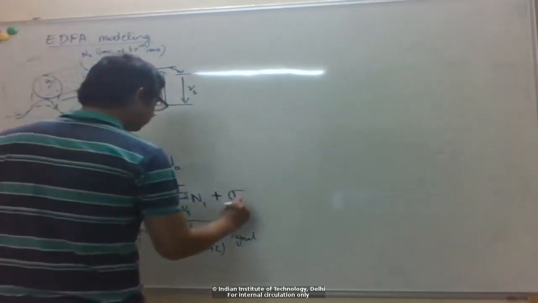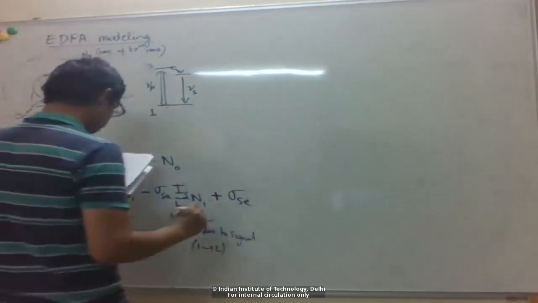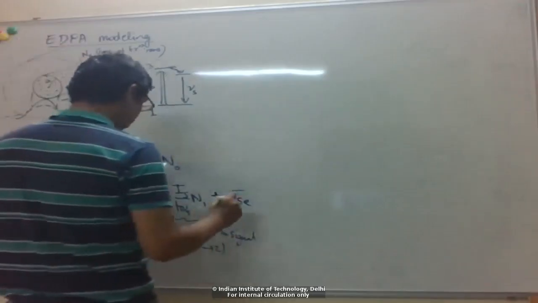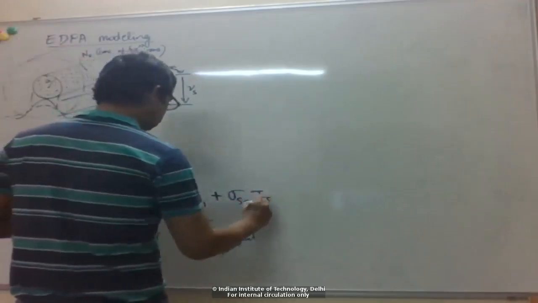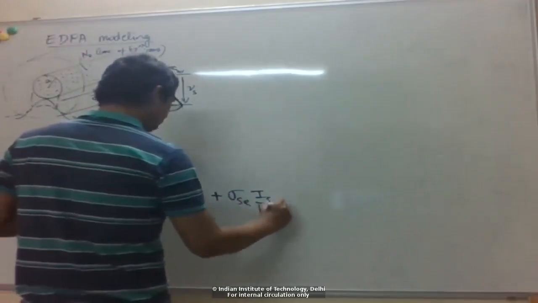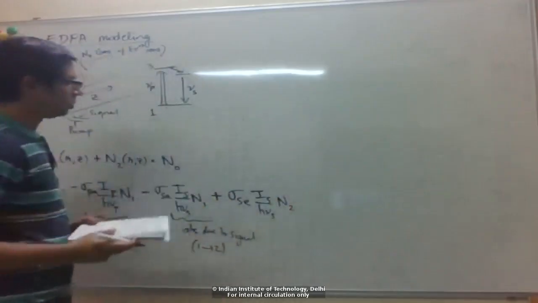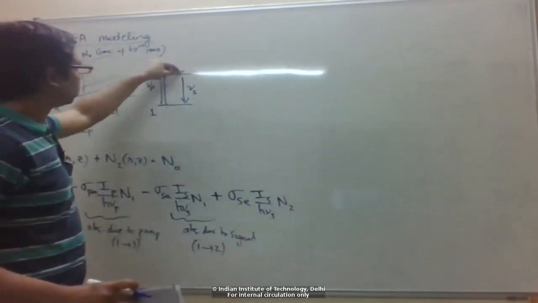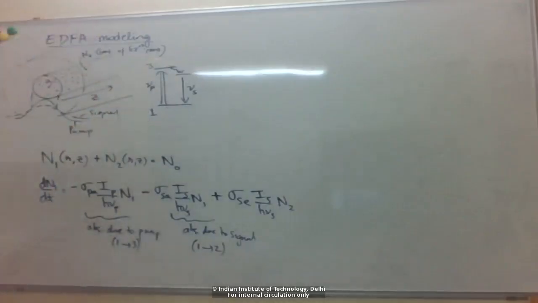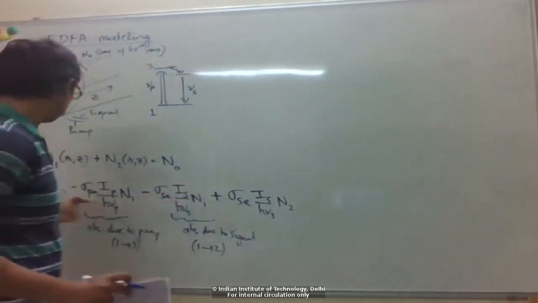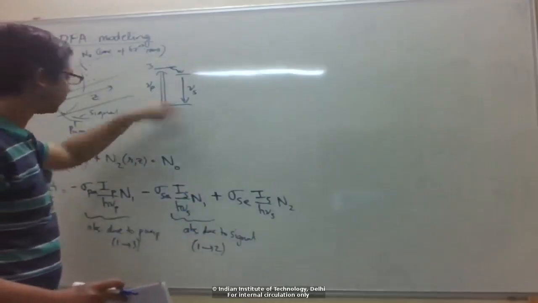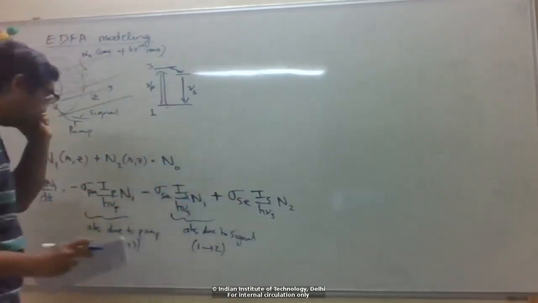So that is the emission process, times N2, because it's going from 2 to 1. And so that's why it's a plus sign, because the atomic population 1 is increasing due to the stimulated emission.